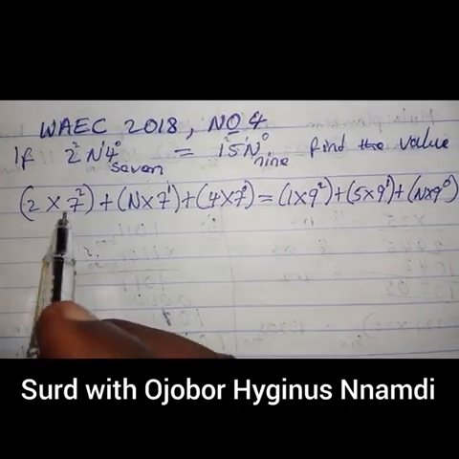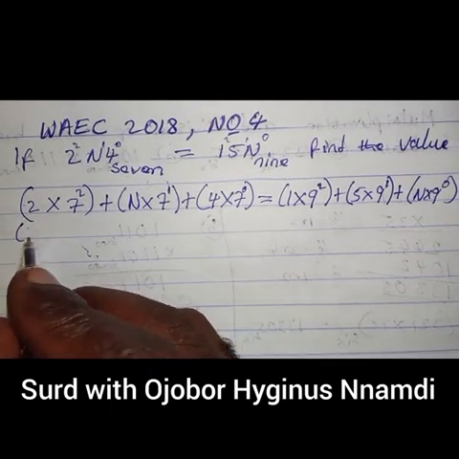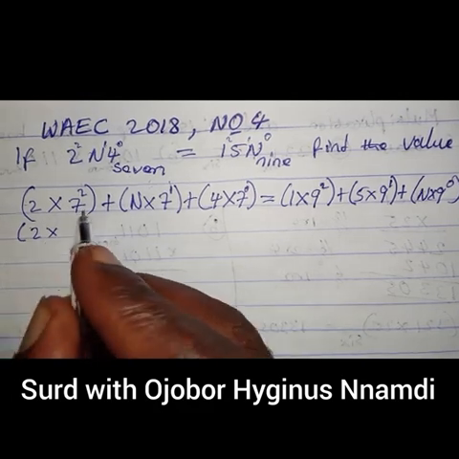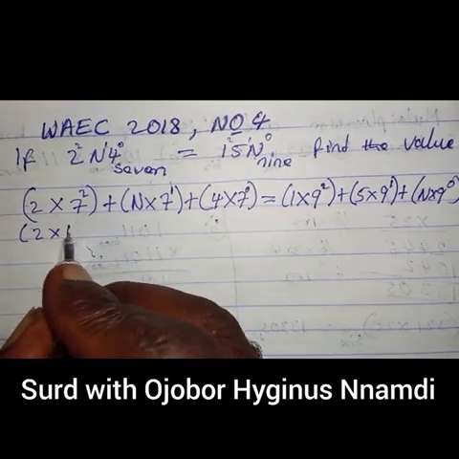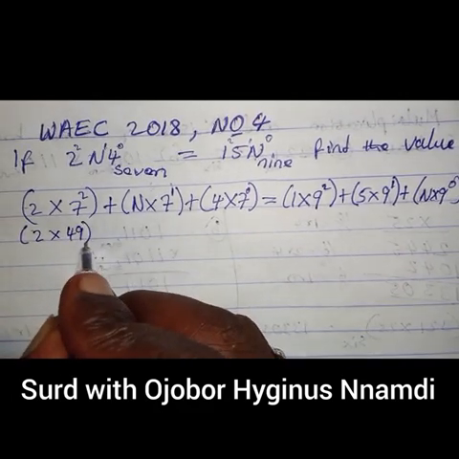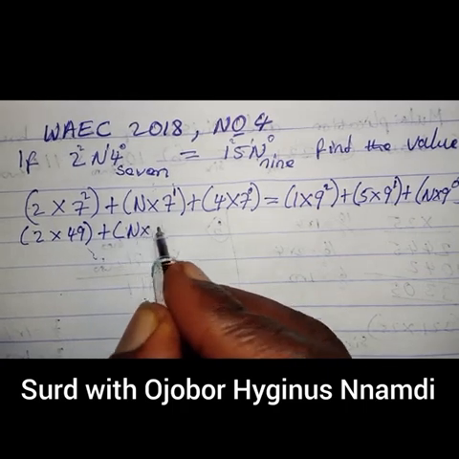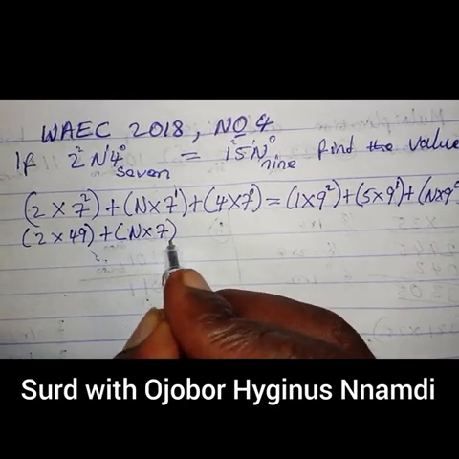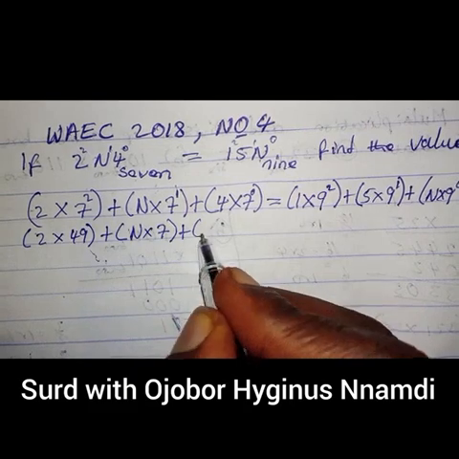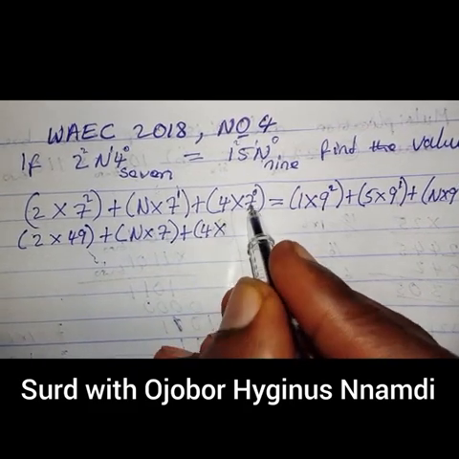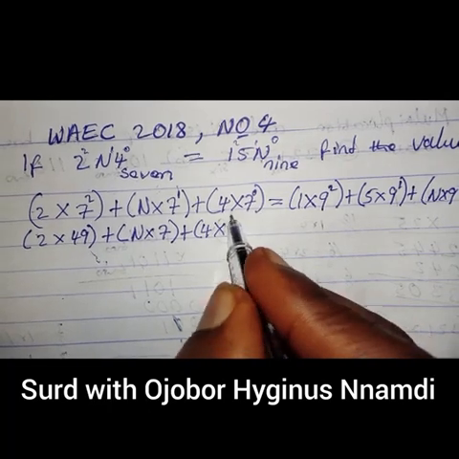So we simplify. This becomes 2 times 7 raised to power 2, which is 49, plus n times 7 raised to power 1, which is still 7, plus 4 times 7 raised to power 0, which is 1.